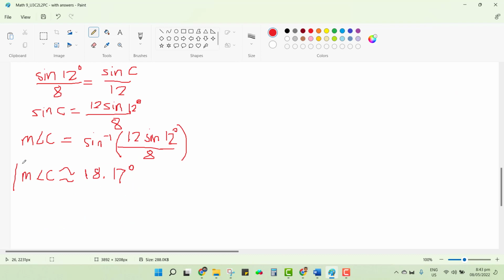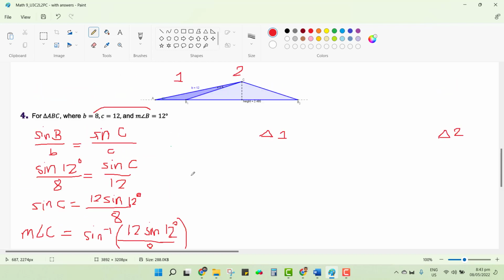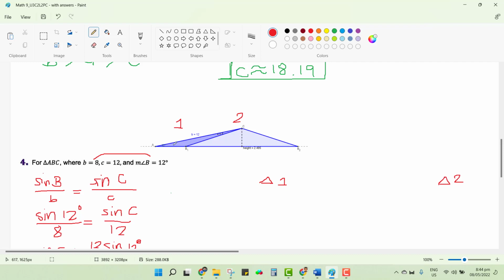So this should be the correct answer. Now, what is this value for? Is this a measurement of triangle 1 or triangle 2? Let us look into the perspective of triangle 1. Again, it's not using correct letters, so let me just rewrite this. So the given is angle B. This is C, right? This side here is actually given as 8.